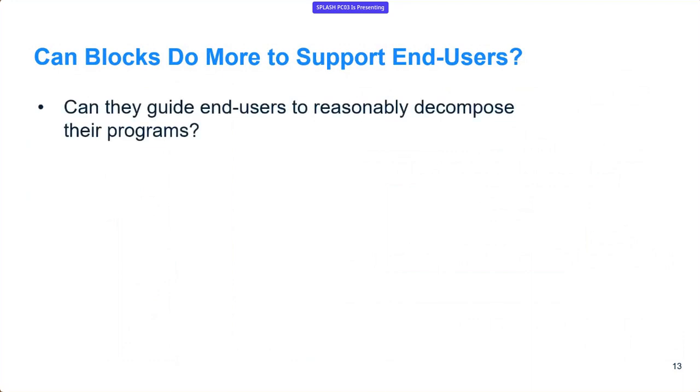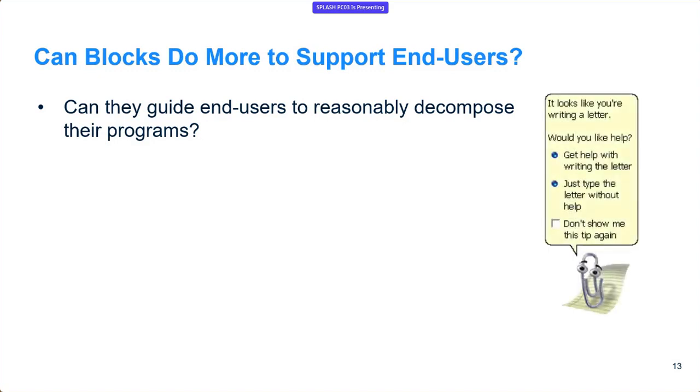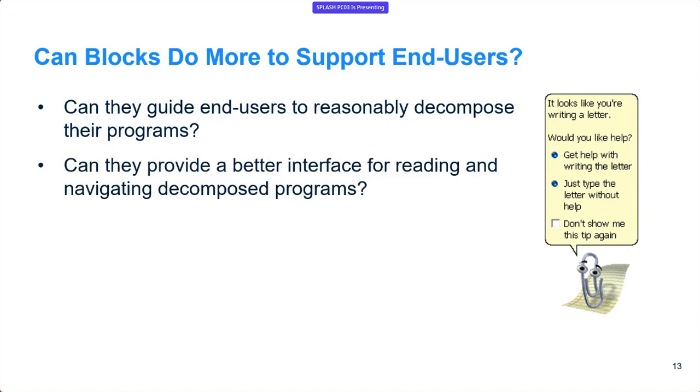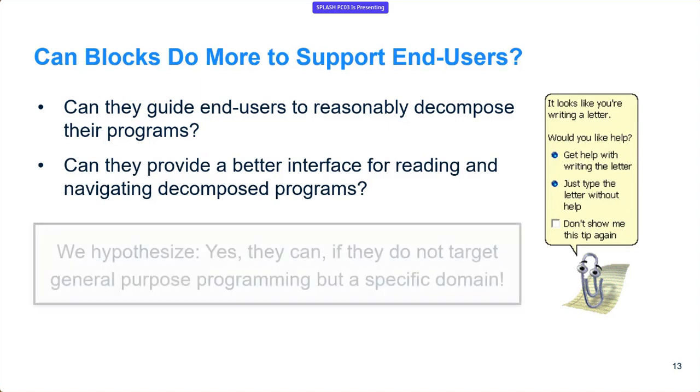We were asking the question: can they guide end users in reasonably decomposing programs? And ideally not in a way like here where you just nag them and say, hey, your program has 100 lines of code, fix this somehow. You want a way that is more natural for them. Can you provide a better interface for actually reading and navigating decomposed programs?